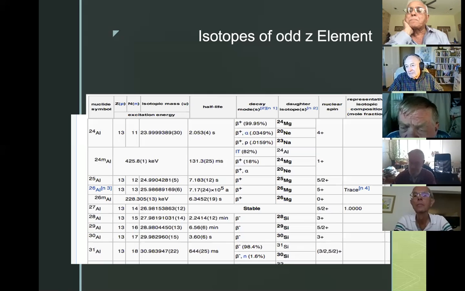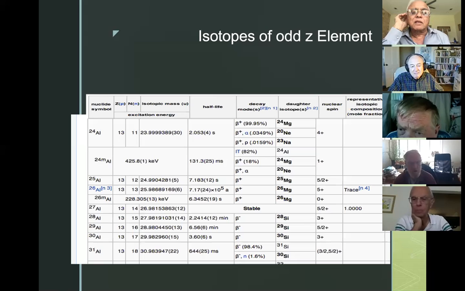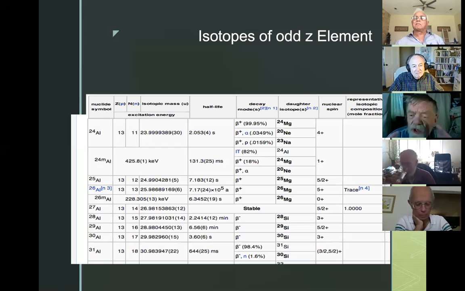Well, how many can we have in, say, a proton or a neutron? They're associated with protons and neutrons, right? Yeah. So how many? I calculate that every shell of diameter d has 2d squared positions for an electron or a positron.